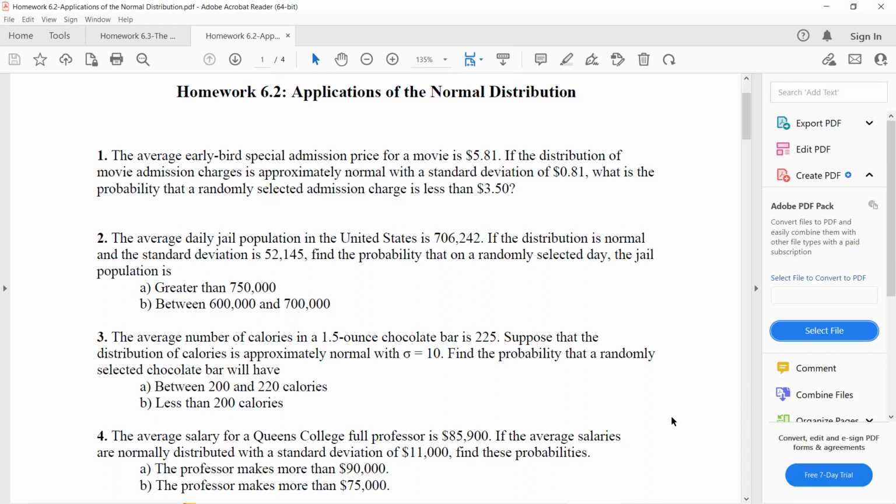So we have two situations here. One is greater than 750,000. And part B says between 600,000 and 700,000.